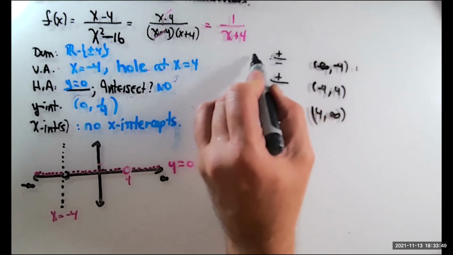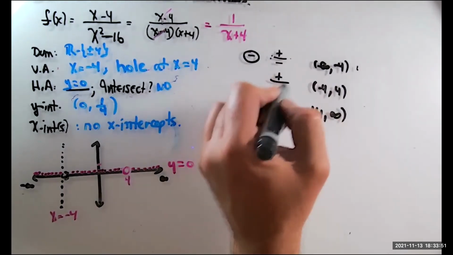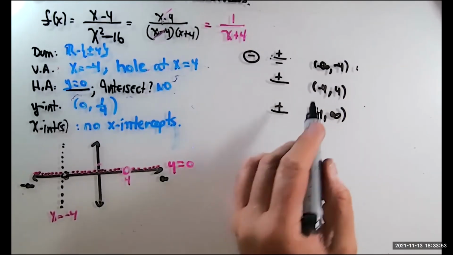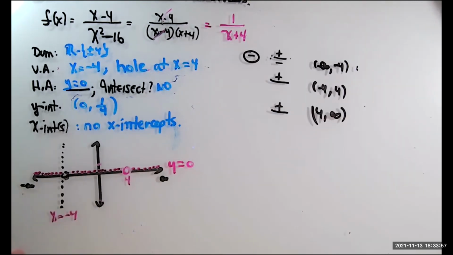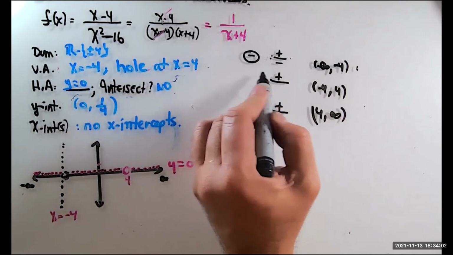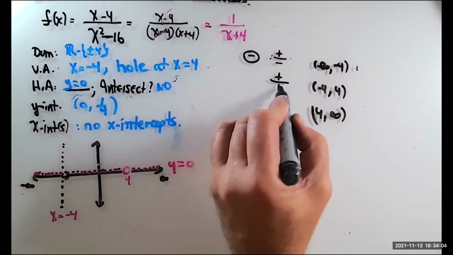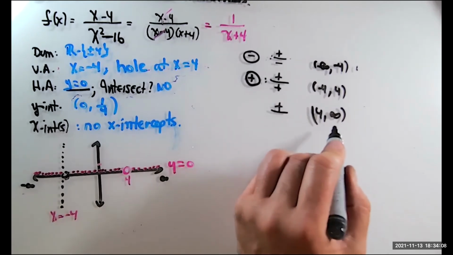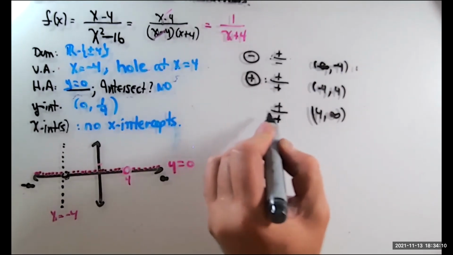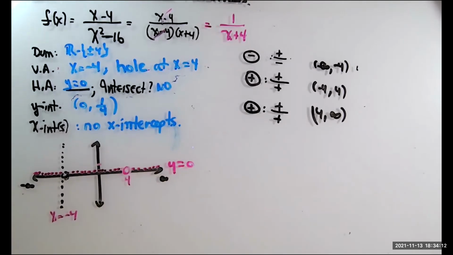And positive over negative is negative. In the interval between -4 and 4, we can use 0. Well, if you don't want 0, you can use 2. So 1, of course, is positive, and 2 plus 4 is positive. Positive over positive is positive. Bigger than 4, say 8, is positive. Okay, so we are ready to graph this, hopefully.